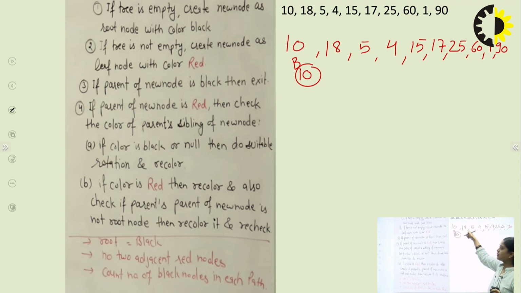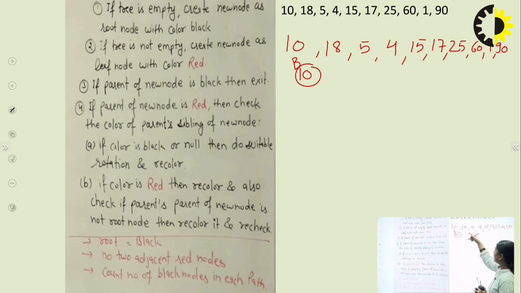Up next is the node 18. So again checking these steps. If the tree is empty, is the tree empty? No. The tree is not empty. Some nodes are there. Then step number 2: if the tree is not empty, yes, the tree is not empty. Then create a new node as a leaf node with color red.